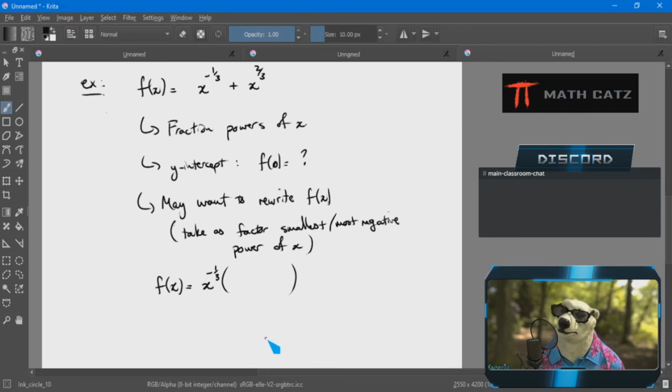So then I have to ask myself, what do I have to have in the brackets so that when I multiply this guy in, I get the original function? Now, hopefully, obviously, the first term is going to have to be a 1, because x to the negative 1/3 is exactly what I'm looking for. So I'm just going to multiply it by 1.